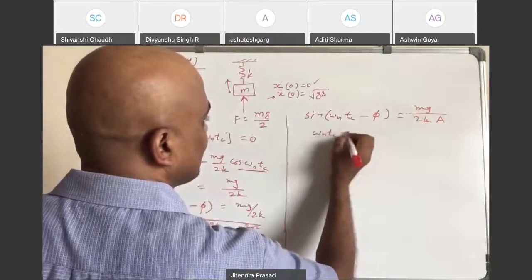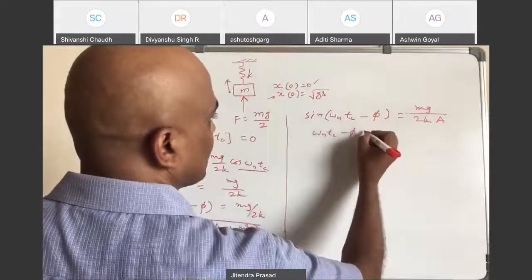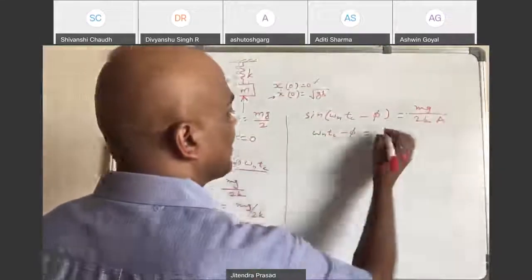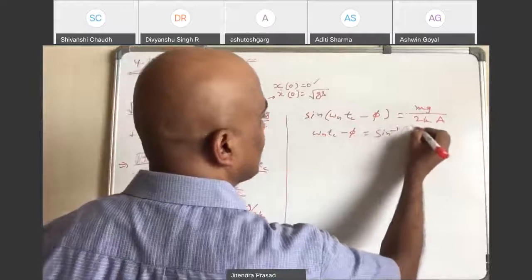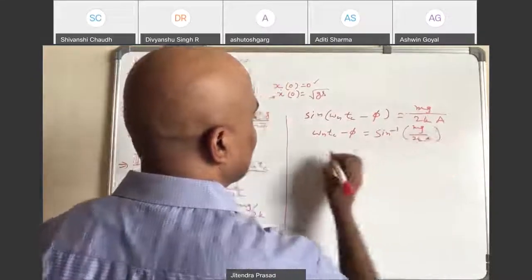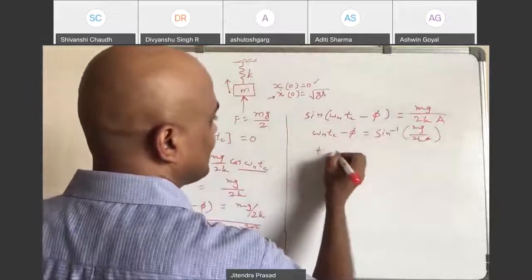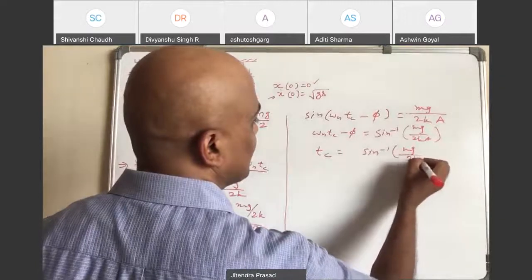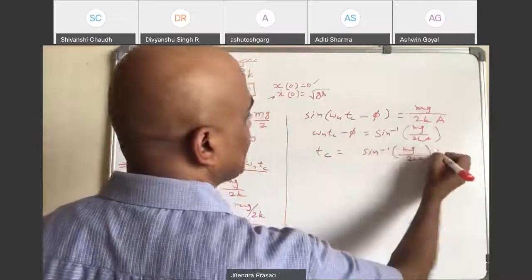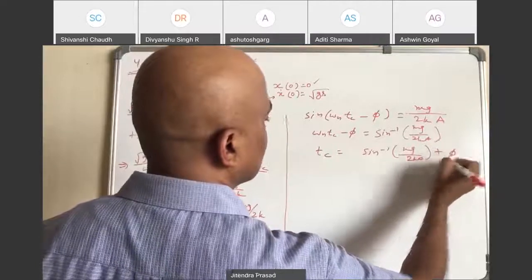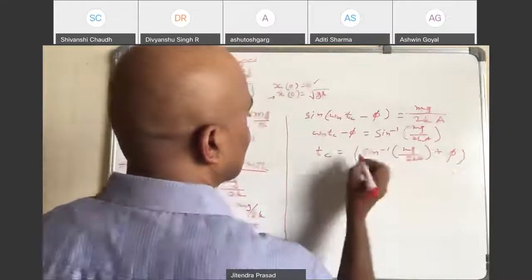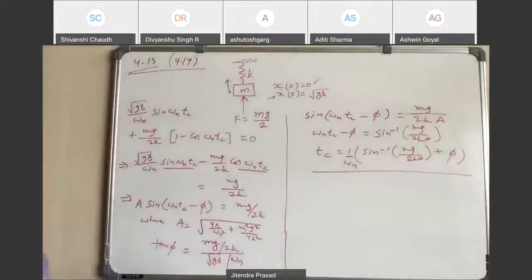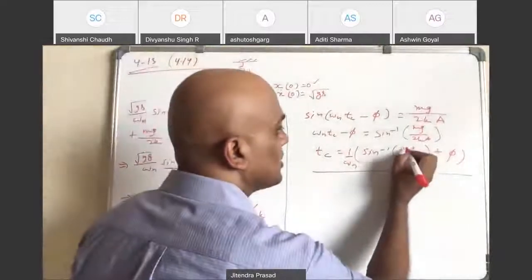Omega n tc minus phi equal to sine inverse of mg over 2kA, and phi is known, hence you can find out tc equal to sine inverse mg over 2kA, right, plus phi, divided by omega n. So tc you can find out like this, this is what it will take. Yeah? So here this is mg.